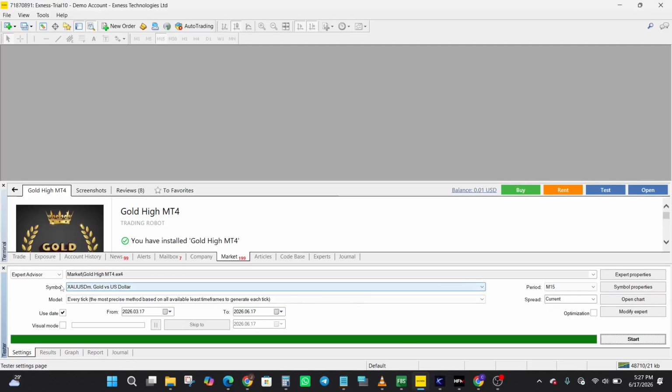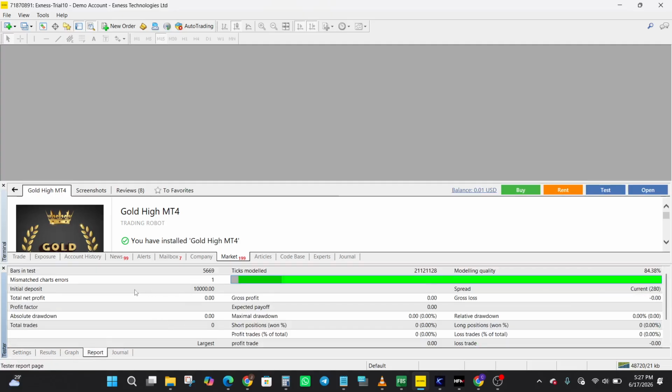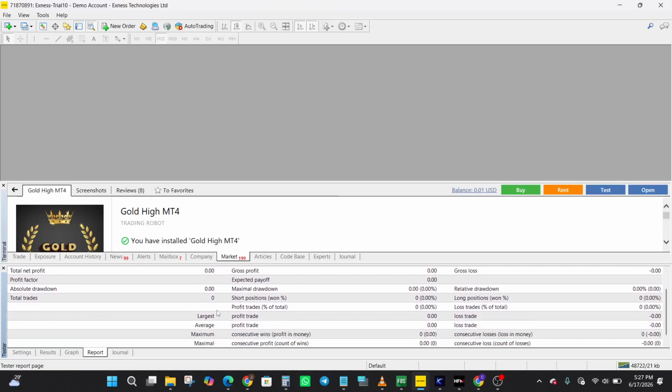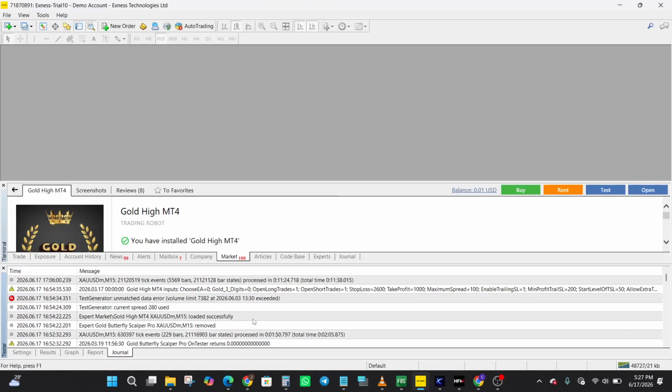The Gold High EA on XAUUSD on the M15 time frame as recommended over the past 3 months. All right, so from an initial deposit of $10,000, we didn't have a trade taken. If I look at the journal, I can see there seems to be an error message here about the data error, about the volume limit.